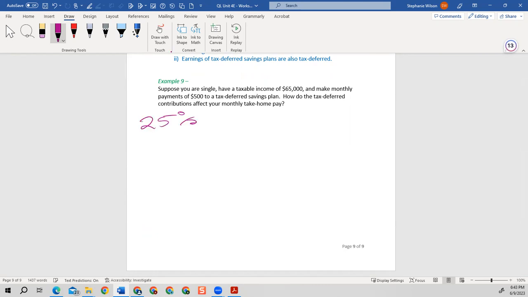Okay. So each $500 contributed to tax deferred savings therefore reduces your tax bill by a certain amount. If they're in the 25%, we're going to take that 25%, write it in decimal, and multiply it by this $500 deferred. When we do that, we get $125.